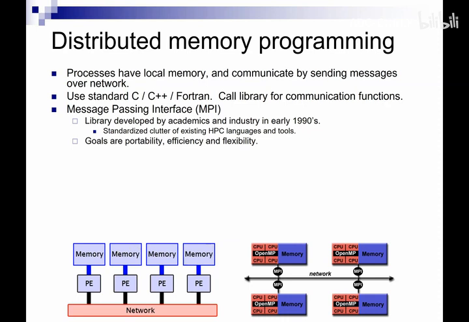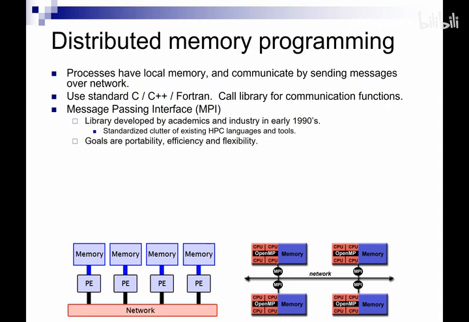There were several goals they had in mind when they developed MPI. First of all, they wanted MPI to be as portable as possible across different architectures. Of course, when you implement MPI on different architectures, you have to take into account the special characteristics of that architecture, but at least they wanted people to be able to write the same code and for that code to compile on different architectures.